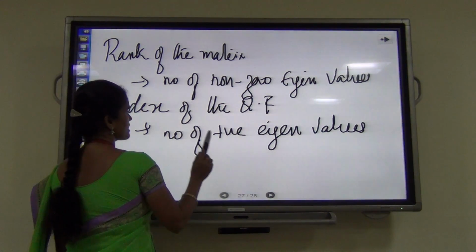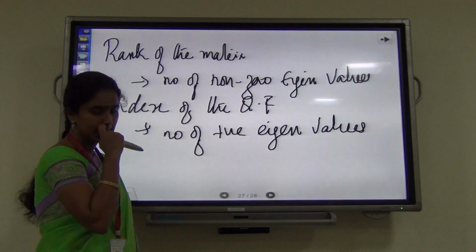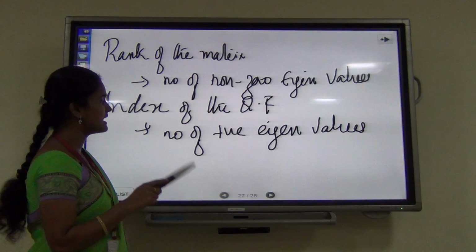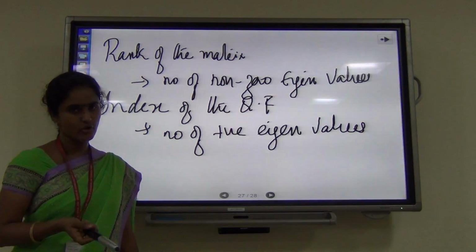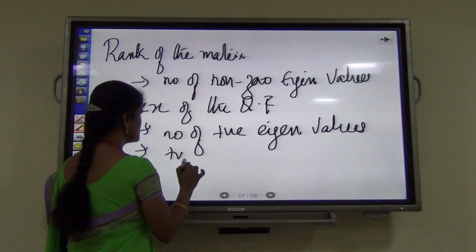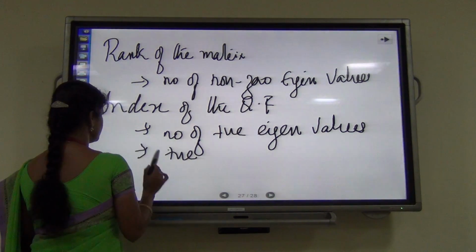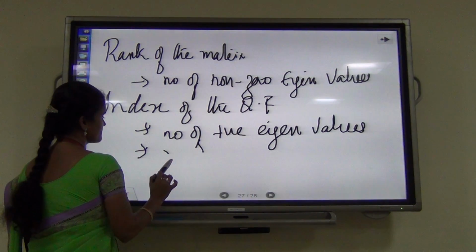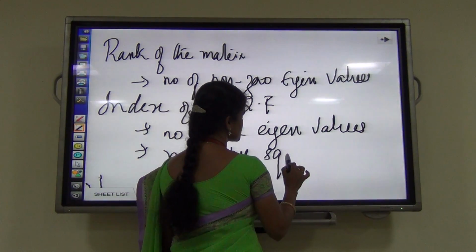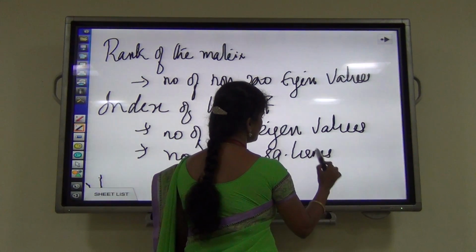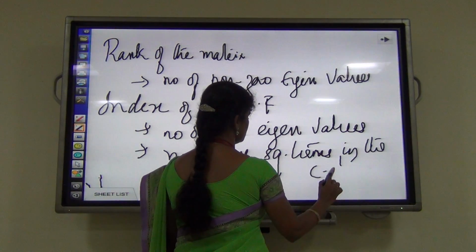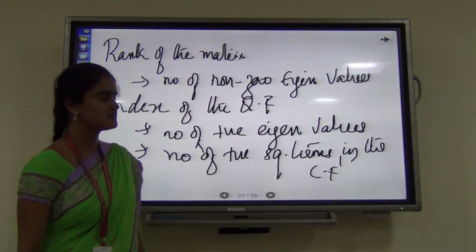So it is calculating the number of positive eigenvalues, or the positive square terms in the canonical form. You can very well also give it as the number of positive square terms in the canonical form.